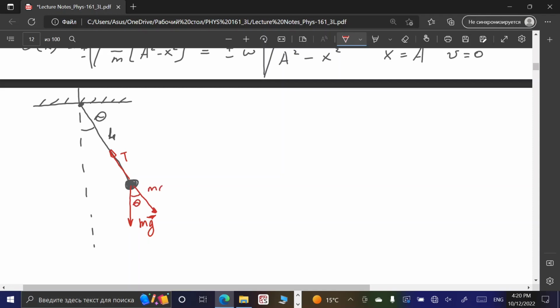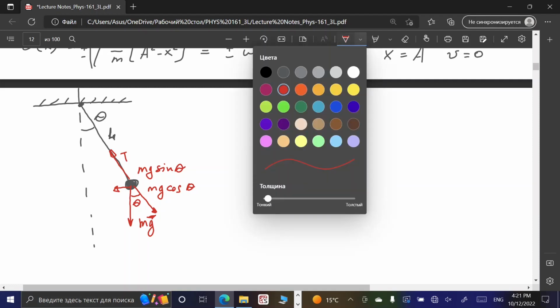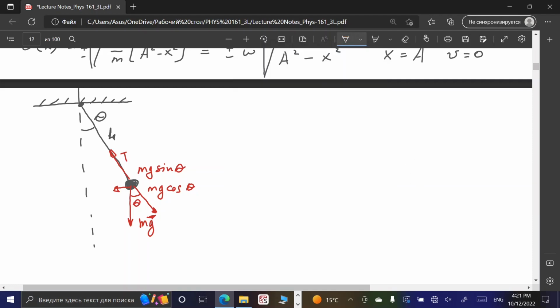Here is angle theta. Here we have mg times cosine theta. And also we will have some tangential component of this weight, which will be mg times sine theta. So we can show here the trajectory, this kind of circular trajectory of this body attached to the rope.